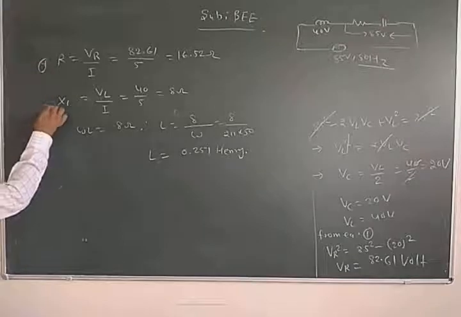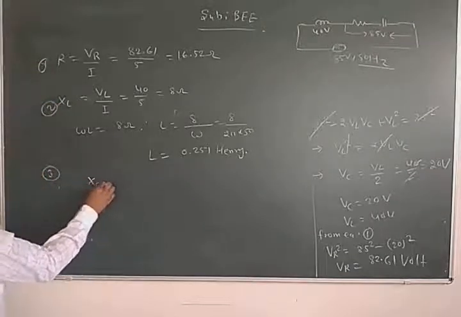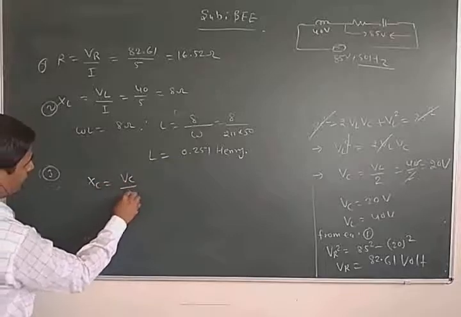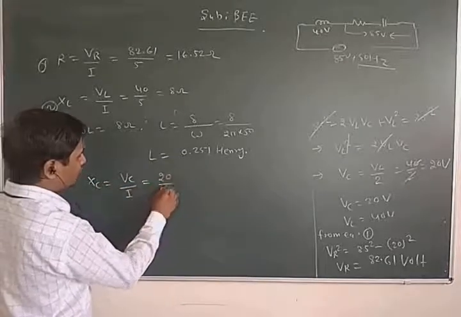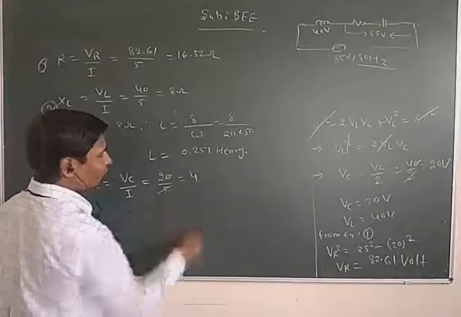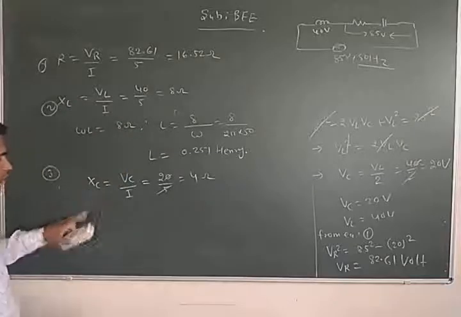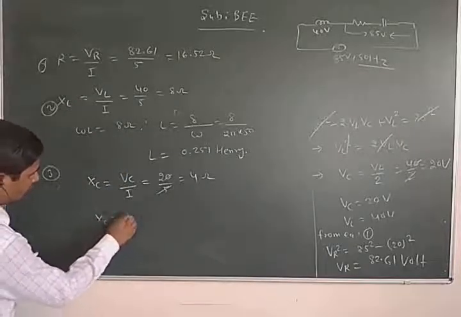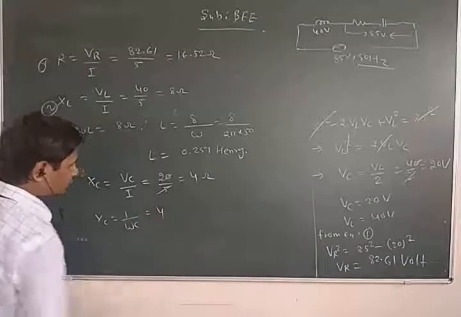Third parameter: XC is equal to VC divided by I. VC is equal to 20 volt, I is equal to 5, so XC is equal to 4 ohm. And XC is equal to 1 upon omega C, that is equal to 4.